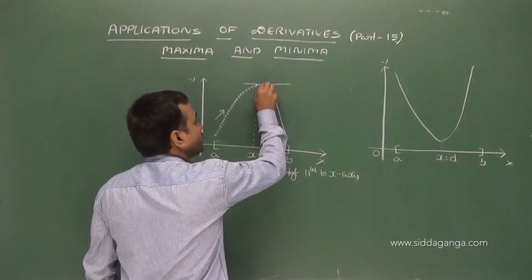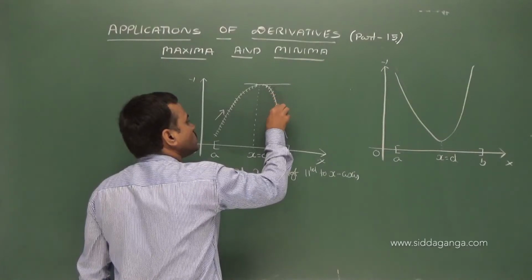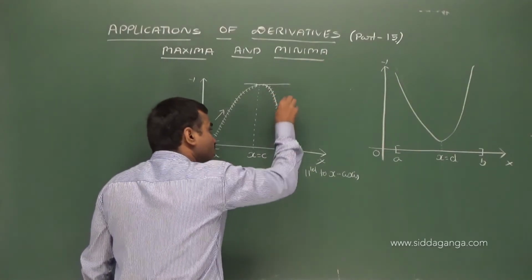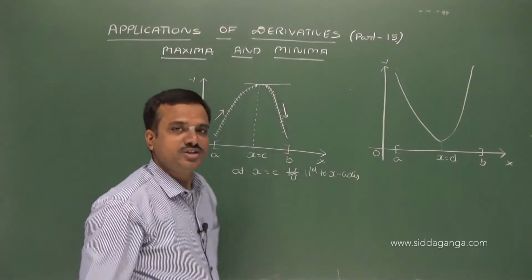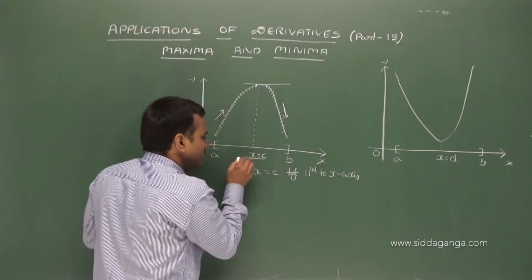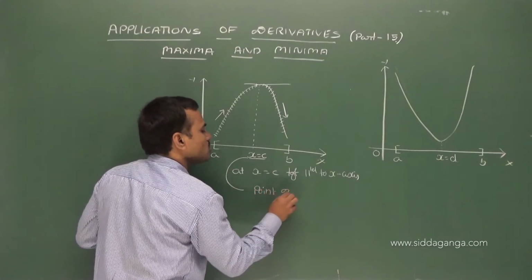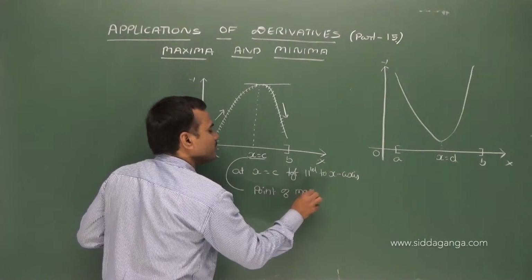Then the tangent goes on decreasing. So this point we call the point of maxima.